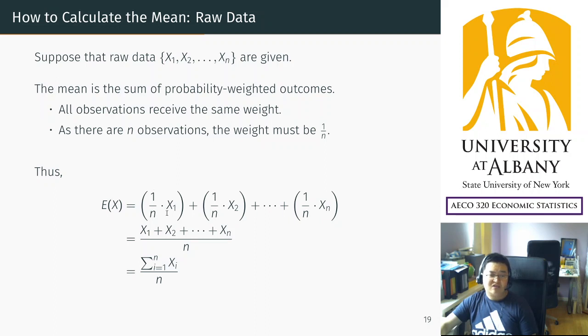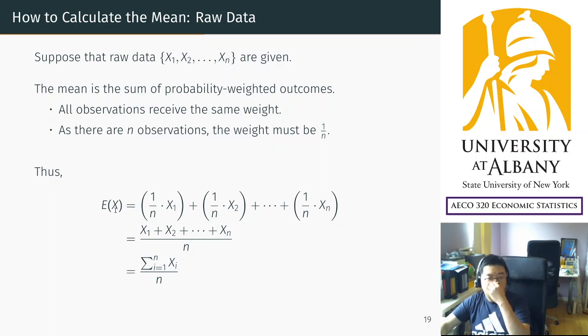So x1's probability is 1 over n, x2's probability is 1 over n, and xn's probability is 1 over n. All observations get the same weight. And then you can factor out the denominator n, so you may write it as the summation of xi, where i runs from 1 to n, divided by n.